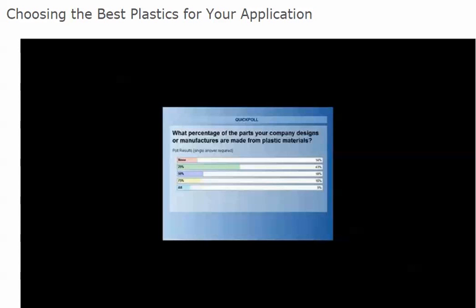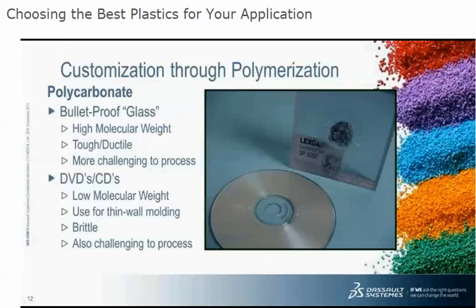So now, again, keeping with the theme of customization, I talked about polycarbonate just briefly a couple of seconds ago. One of the ways to customize it is through polymerization, when you actually make the material. That's not specific to polycarbonate. You can do that with a lot of plastics.